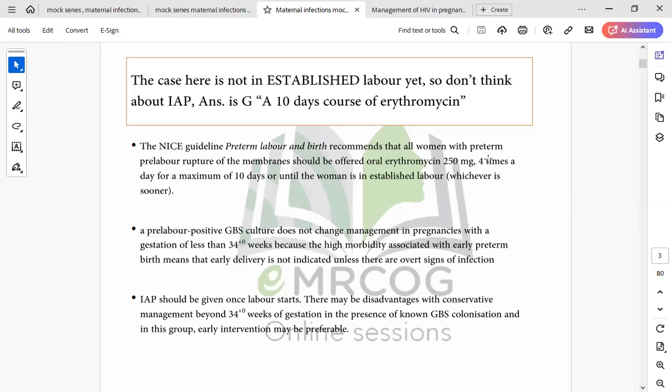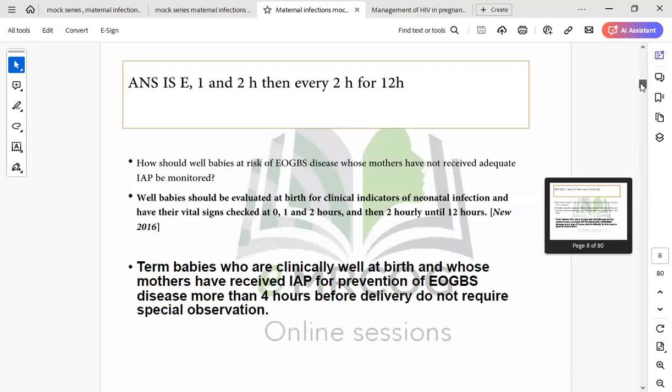Give her magnesium sulfate if labor is really imminent, which means that she's having regular contractions and cervical dilatation. Definitely, if she went into labor, I'm going to give her IAP. Are we all on the same page here?